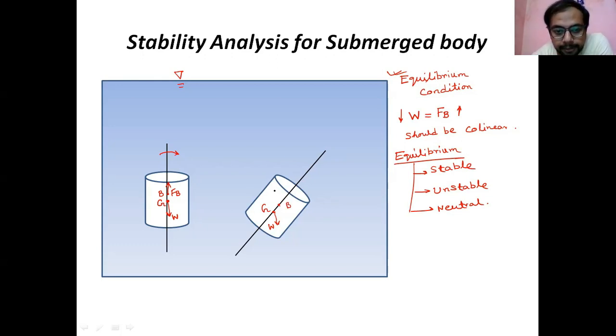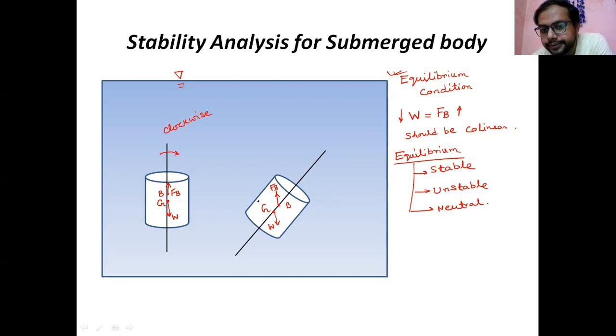But here FB is acting upwards and W is acting downwards. So what will happen? You give one tilt in this direction, the clockwise direction. Due to the clockwise tilt, the condition is like this.